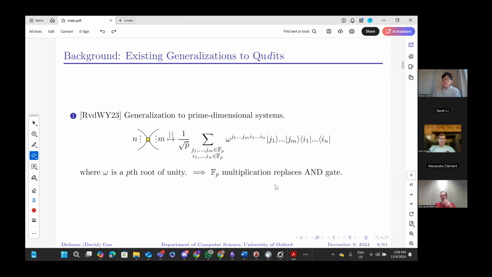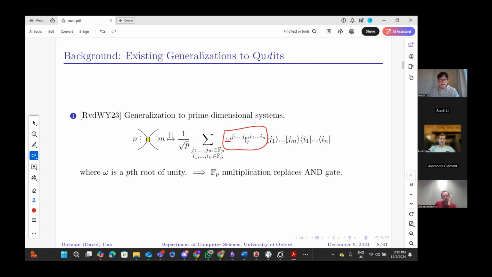Okay, so there are indeed existing generalizations of the ZH calculus to qudits. First in 2023, Patrick Roy and friends, in his master's dissertation, I think, published this generalization to prime dimensional systems. So these are Hilbert spaces whose dimension is a prime number. And what he's done is, if you look at the coefficients inside this formula, the base was originally -1. Now it's replaced by a p-th root of unity.